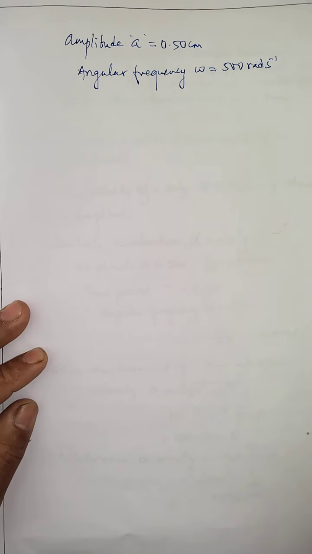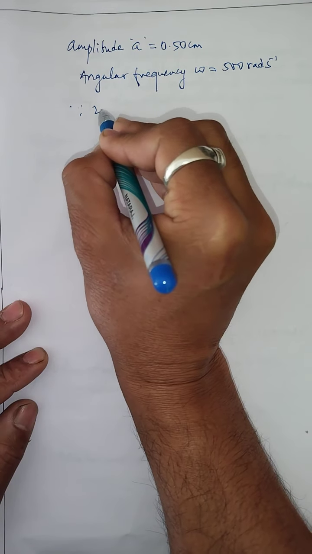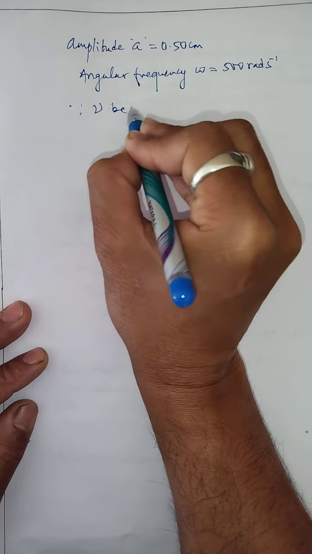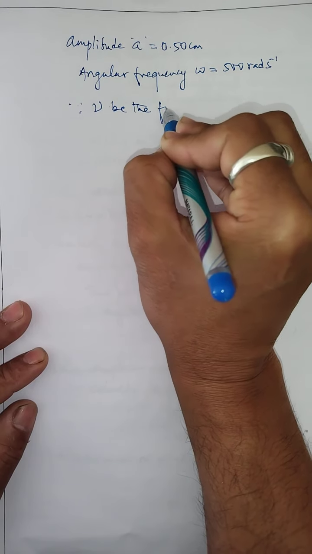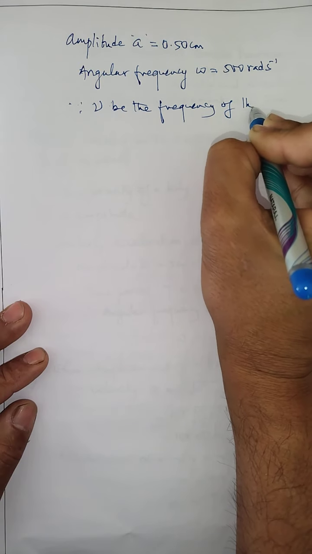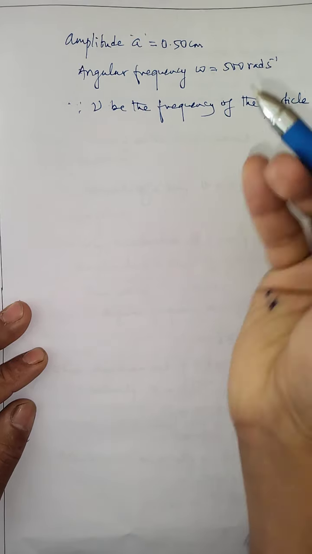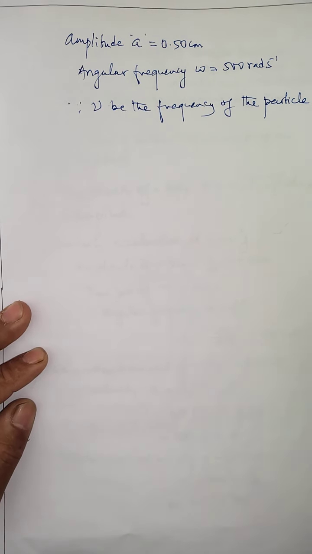Now once you know the angular frequency, we can even calculate the frequency of the particle. Basically the frequency of the particle is marked by nu. Sometimes we can write the symbol of frequency as f, small letter f, or n also we can use.